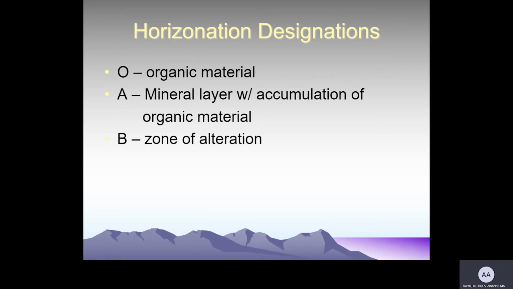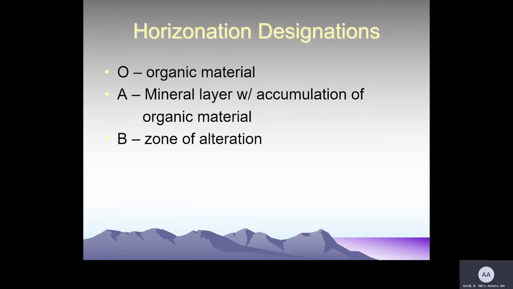The B horizon. Picture, if you will, the parent material, and weathering forces start to act on it. There's freezing and thawing, and there are biological and chemical processes that start to affect it. In Massachusetts, probably the most prevalent form of alteration is simply the oxidation of iron that changes the color of the material to a yellowish brown or reddish brown color.